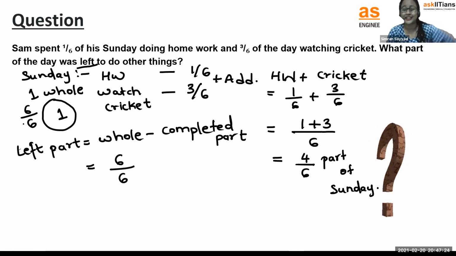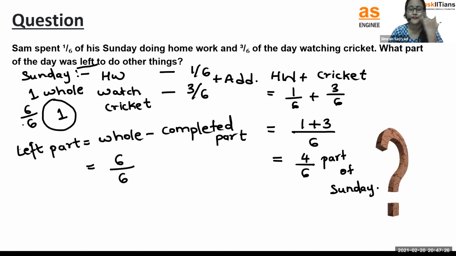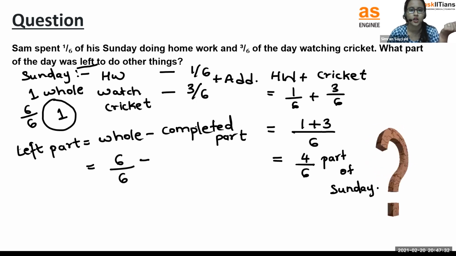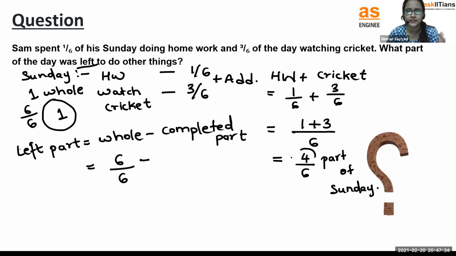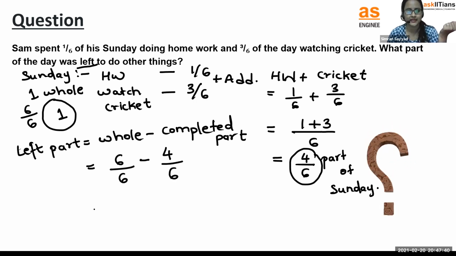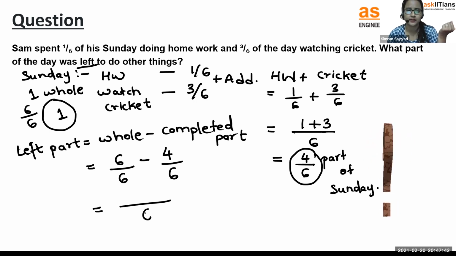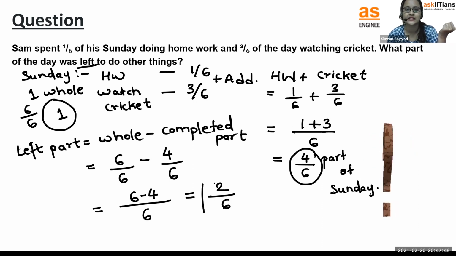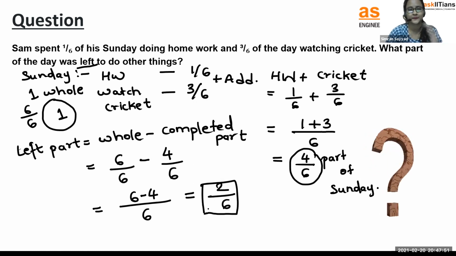Because I have to put it in fraction form. Whatever fractions I have, that is the basis. The denominator is 6. That's why I represented 6/6 minus. What is my completed part? I added homework and cricket. So minus 4/6. The denominator is the same. 6 minus 4 is nothing but 2/6. So this is my answer.